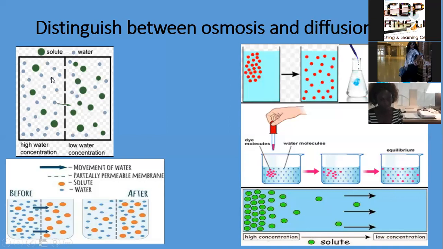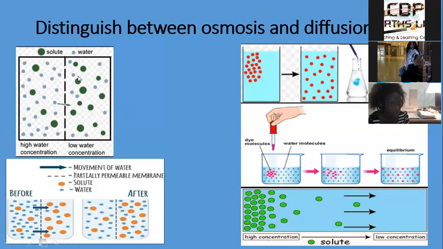What do you think I mean by high concentration of water? Use the picture and tell me. A lot of water, more water than solid. Very good. And what about this side here? Low concentration, low in water.